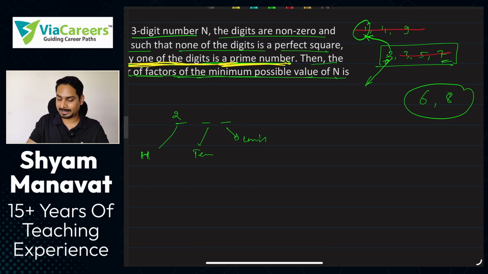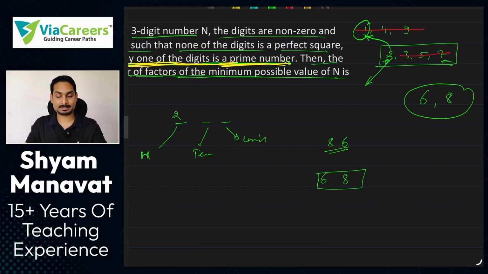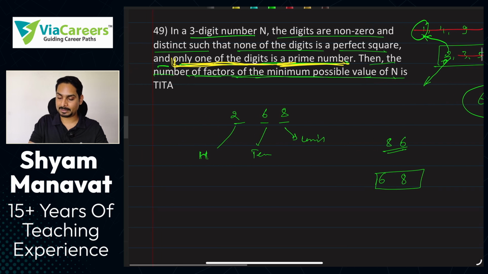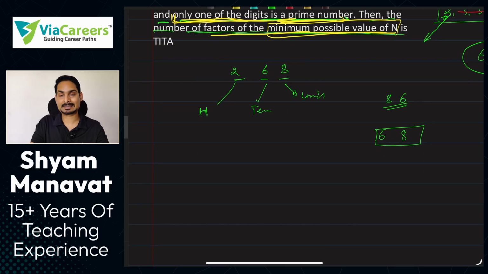If I use 8 at the tens place, I have to use 6 at the unit place. It will become 86. If I use 6 at the tens place and 8 at the unit place, it will become 68. So 68 is smaller, right? We need to focus on having the minimum possible value of n. So this is the minimum possible value of n, 268.